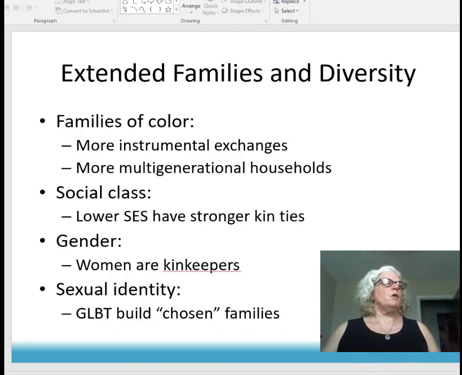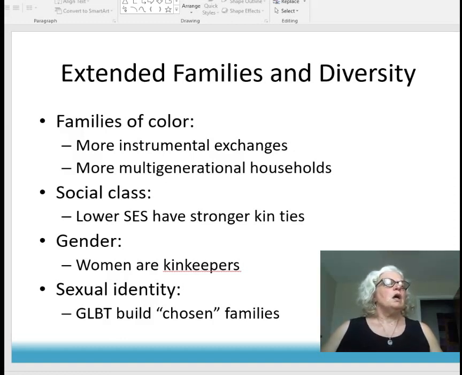The respect for older adults makes it significantly different, and we see that in families. Women are usually the kin keepers. They are the ones that tie the family together. They're the ones who make sure people talk to each other and are together as we look at the process of family.